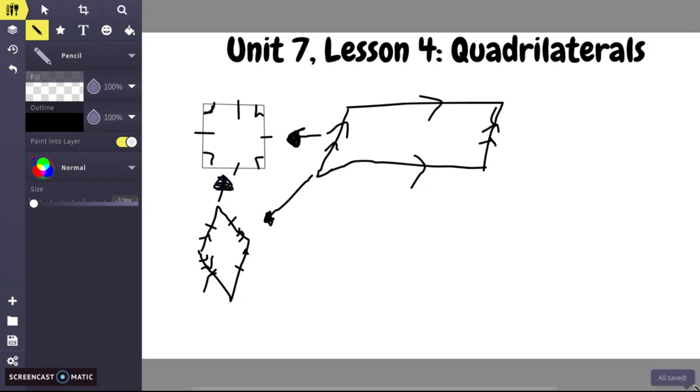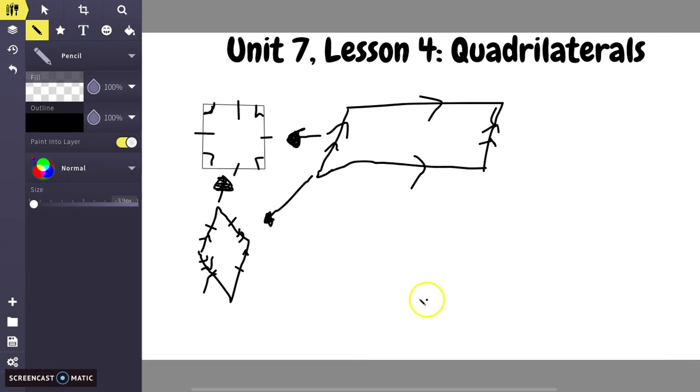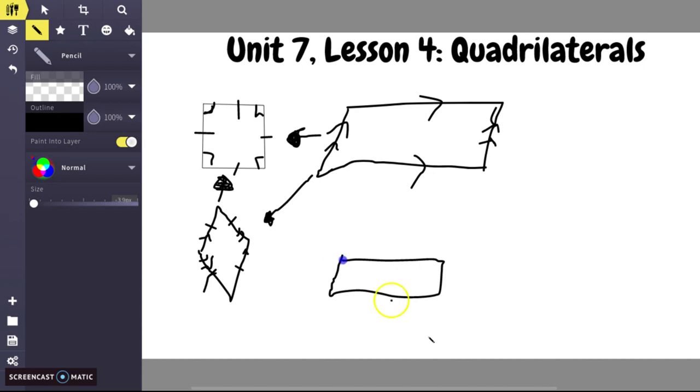Now, I also said that it was a rectangle. Let's see what a rectangle is like. So you know what kind of shape a rectangle looks like. It kind of looks like this. And on a rectangle, there are 90-degree angles. There are also parallel sides, but the sides are not all equal to each other.